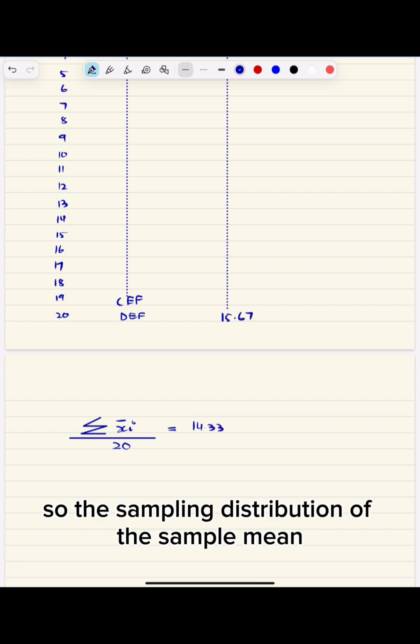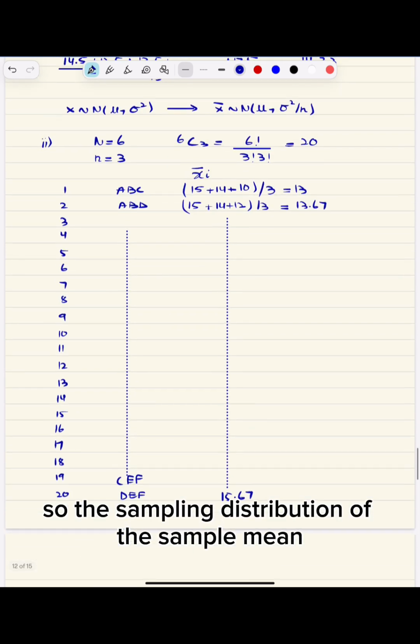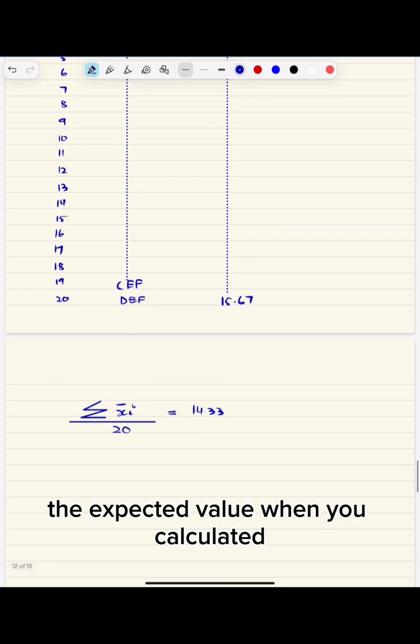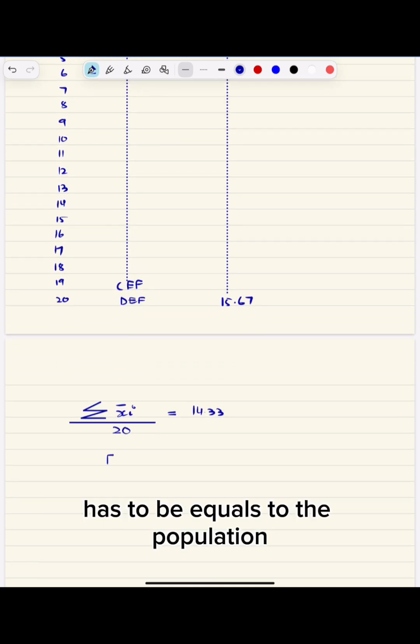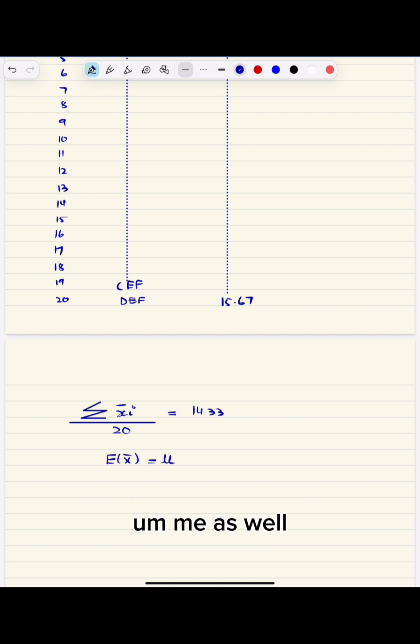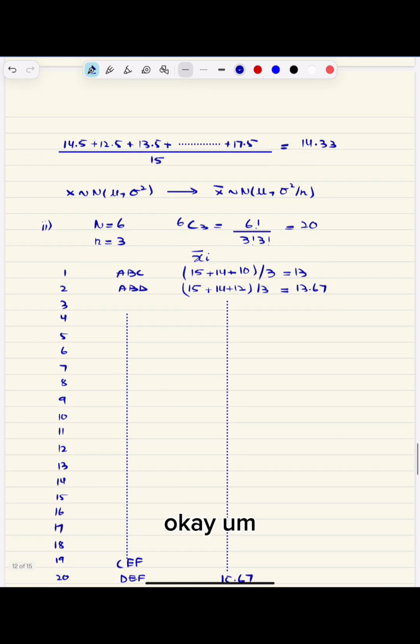Okay, so the sampling distribution of the sample mean, the expected value when you calculate it, has to be equal to the population mean as well.